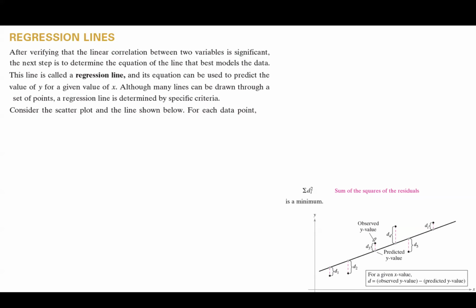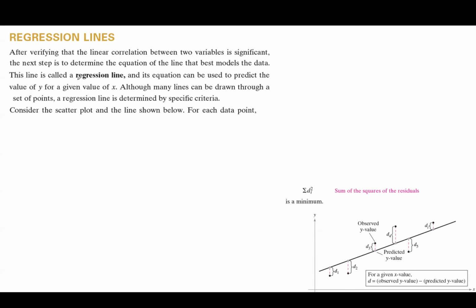For the third point, the actual y value and the predicted y value have another difference. Some of the differences are negative, some of the differences are positive. When you're calculating the residuals, the residual is the observed y value minus the predicted y value.